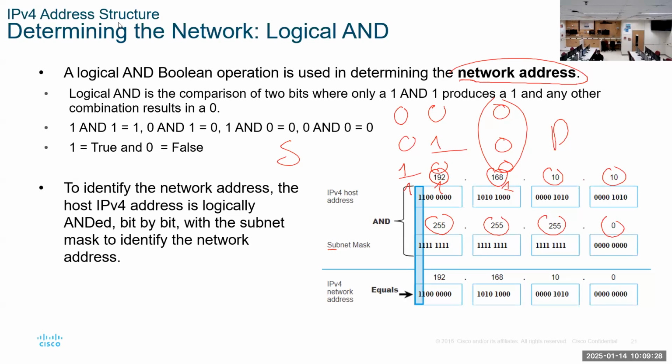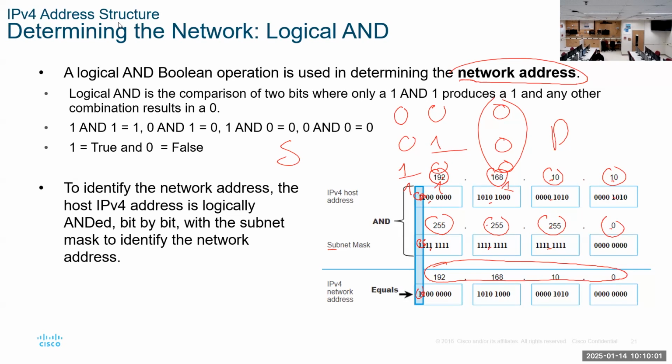So 192 converted, 168 converted, 10 converted, 10 converted, 255 converted, 255 converted, 255 converted, and 0 converted. Now I'm ANDing them together, one by one. 1 with 1, I have 1. 1 with 1, I have 1. And if I have 0 here, for sure I have 0. After I AND them together, this is my network address.